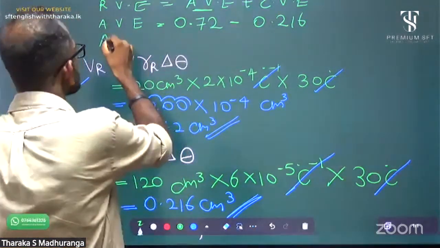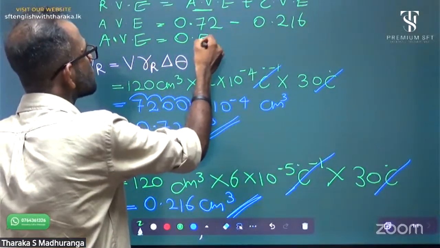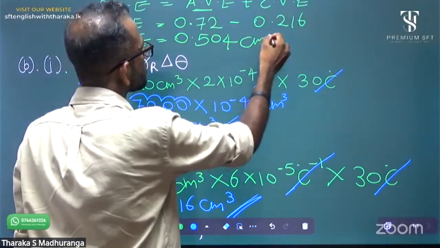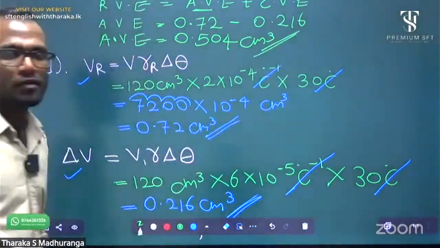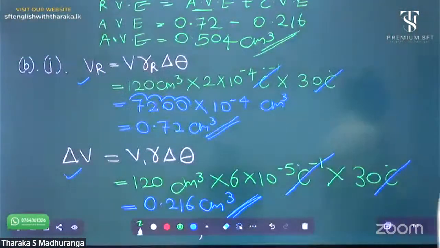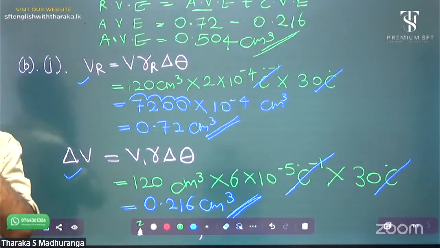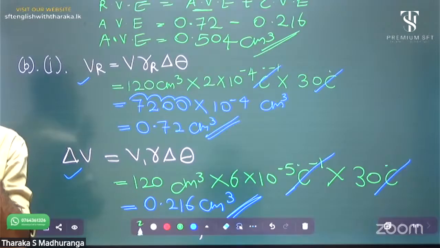Apparent volume expansion equals 0.504 cubic centimeter. That's the full answer. Vihanger, understood? Yeah, simple, right? Nabil?